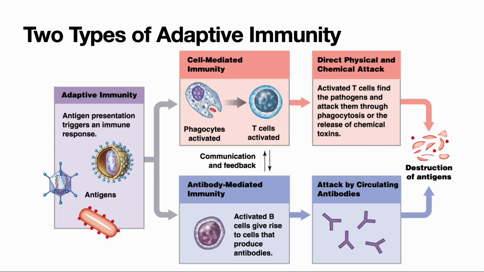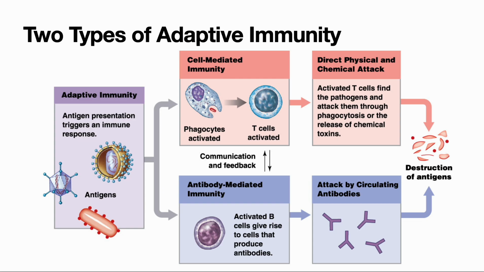Okay, so I mentioned two types of adaptive immunity. We sort of have two pathways of adaptive immunity. They are both going to start with the presentation of an antigen, and then that antigen presentation could lead to the cell-mediated immunity pathway or the antibody-mediated pathway.